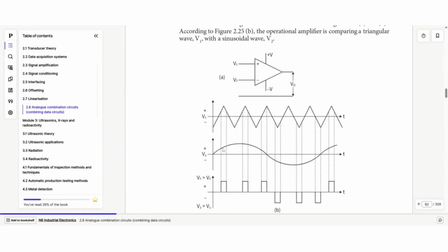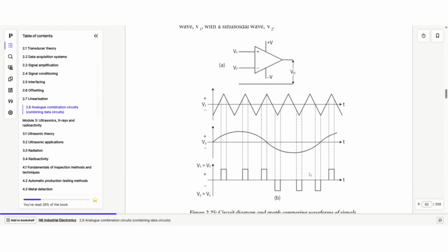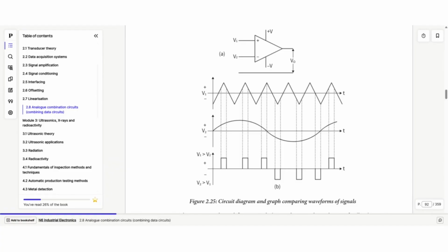Now you guys will see every time that the V1 signal is bigger than the V2 signal here, then you're going to get your output driven high. In fact, there is a bit of a mistake here, in that your signal should be driven towards minus VCC in the time that we want. Let me do this, because like I said, there's actually a mistake here. I'll show you guys real quick what I mean.